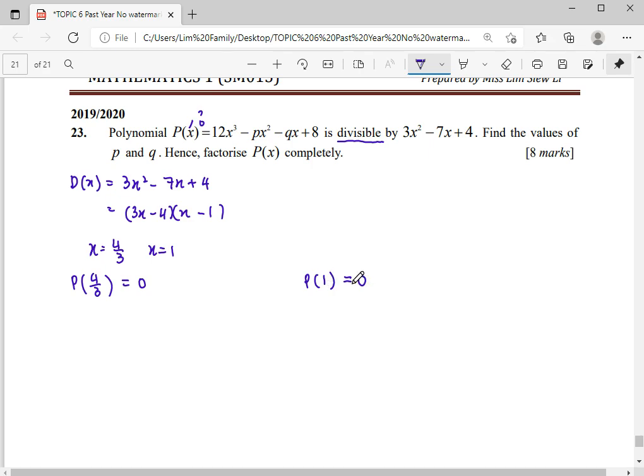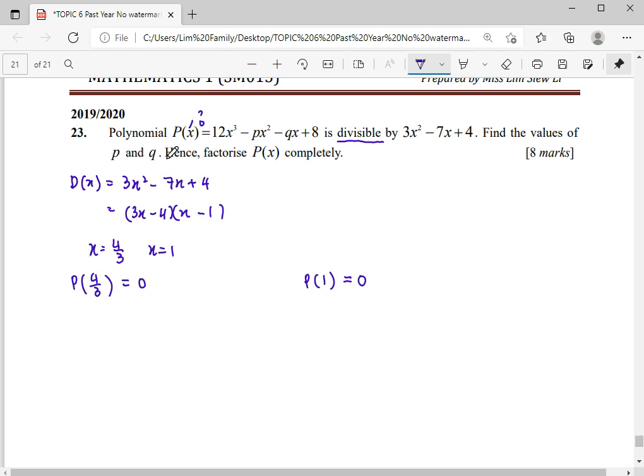If you get value, means when you divide by this factor, it will leave you a remainder. Okay, so from there, you find out your value PQ. So this question is testing on our 6.2 concept.